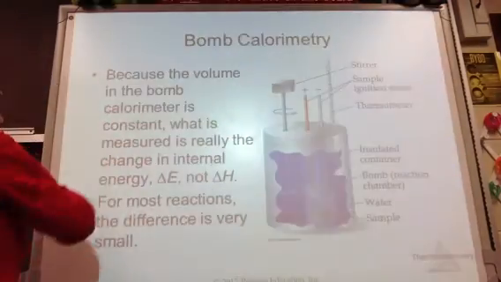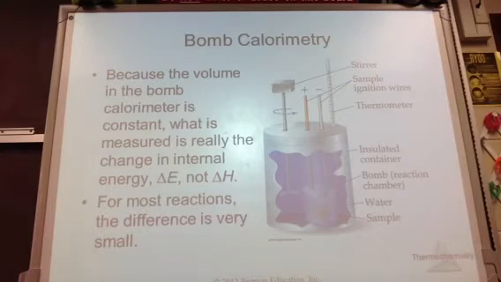Okay, I think the last slide here for bomb calorimetry. Because the volume in the bomb calorimeter is constant, we really aren't measuring delta H. Because our volume is staying the same, what we're really measuring is our change in internal energy, not necessarily our change in enthalpy.